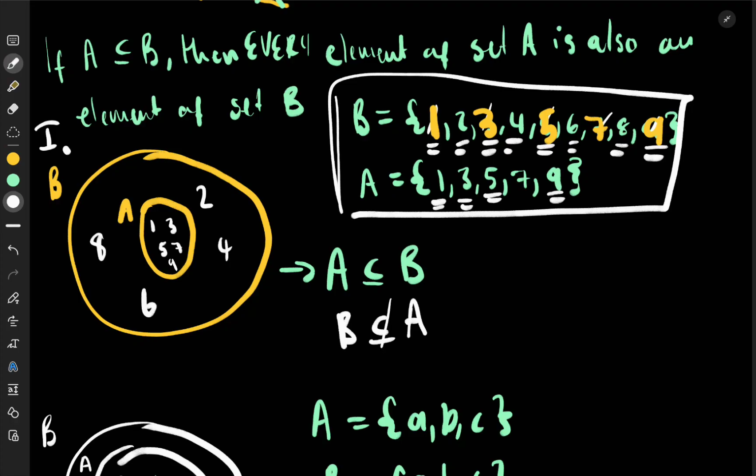We should be able to find at least one element that is not in A. That means that B is not a subset of A in this situation. A is in B, but B is not in A.